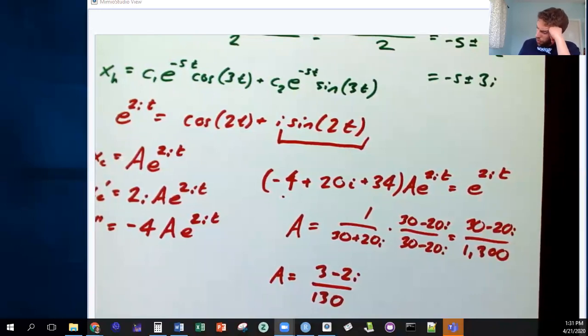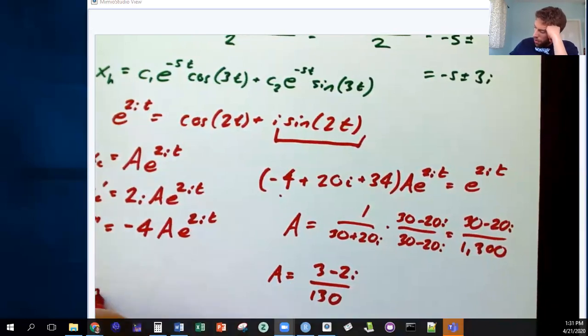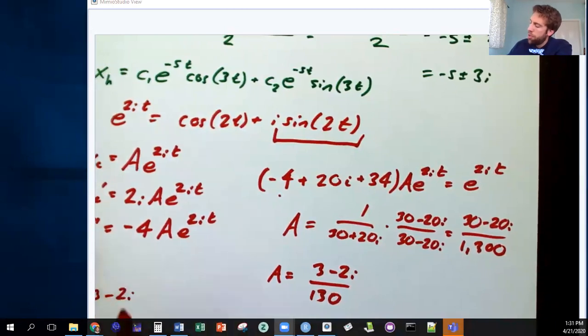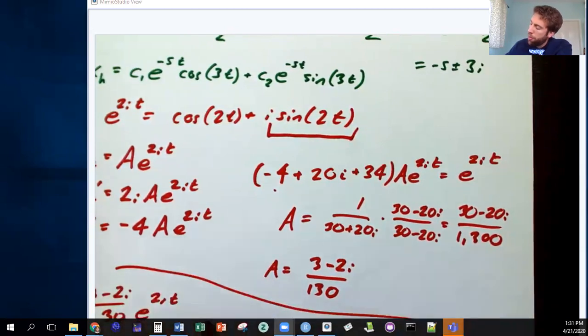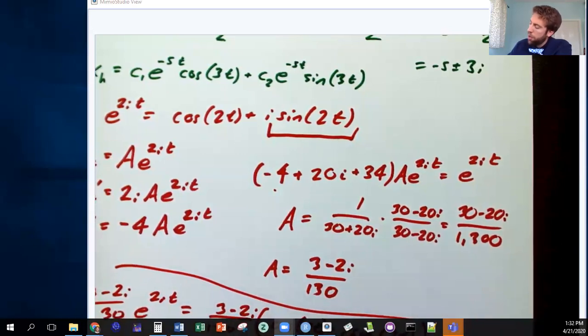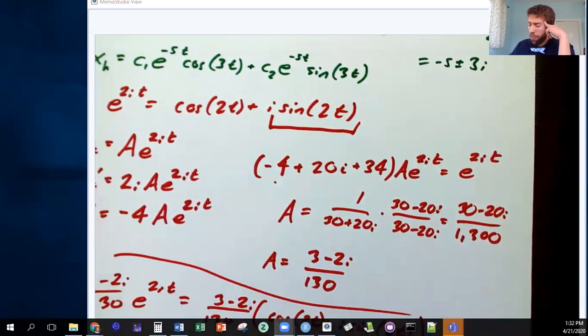So 3 minus 2i over 130 times e to 2it is equal to 3 minus 2i over 130 times cosine 2t plus i sine of 2t. And so then we have to FOIL.